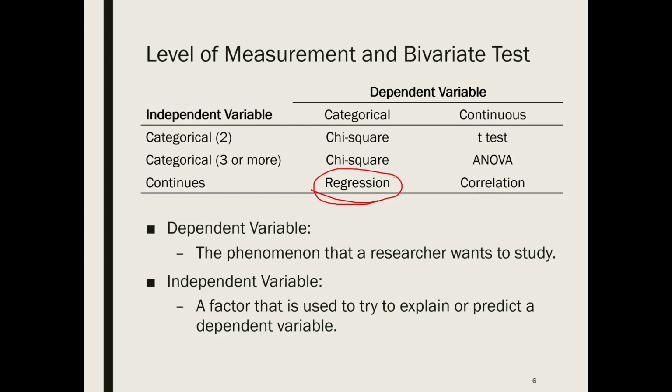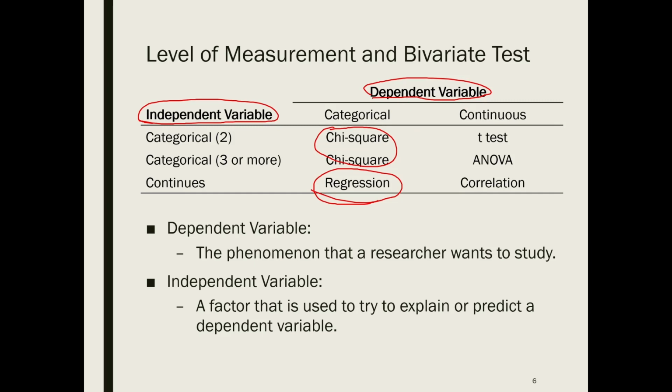Okay, so the table is very simple to read. You have the dependent variable and its level of measurement. You also have the independent variable and its level of measurement, right? So here you can see if the dependent variable is a categorical variable and the independent variable is a categorical variable too, then we are going to use the chi-square, which will be further explained in another PowerPoint.